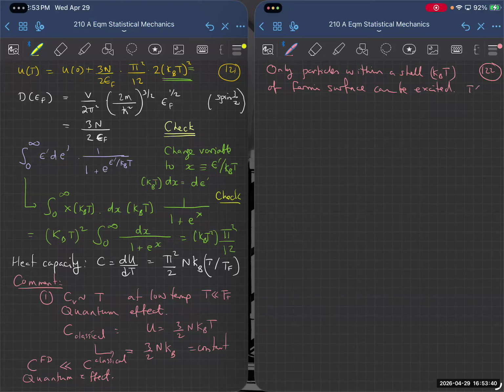And T is much less than TF. And so it's a thin shell.